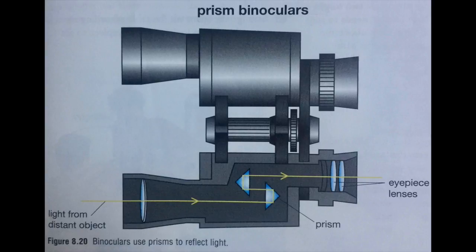These glass blocks, called prisms, serve as plane mirrors. Rather than traveling down the long tube of the telescope, light in the binoculars is reflected back and forth inside a short tube, as you can see in figure 8.20. 8.20, binoculars use prisms to reflect light.